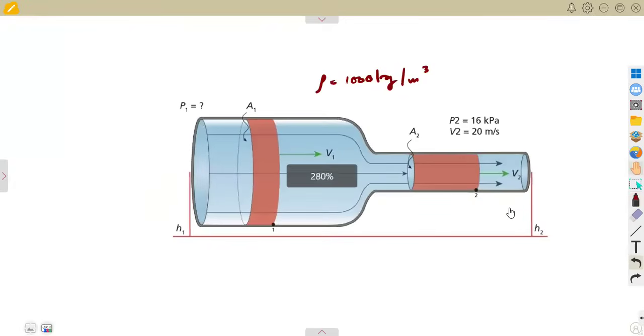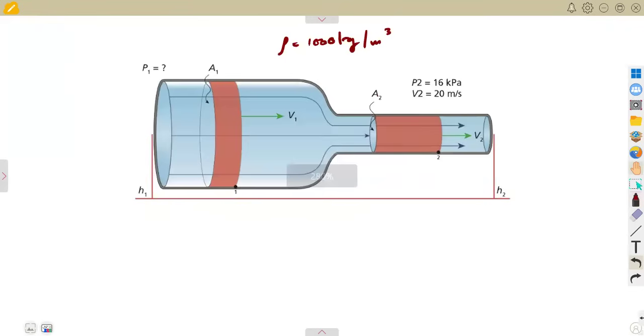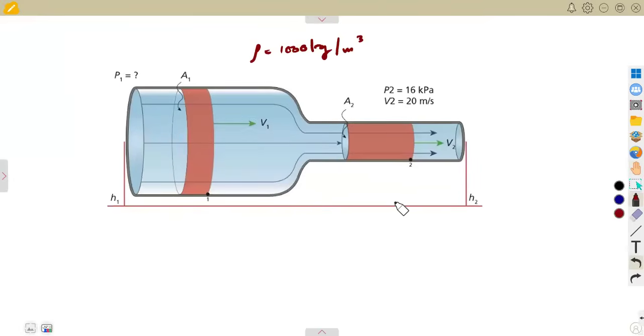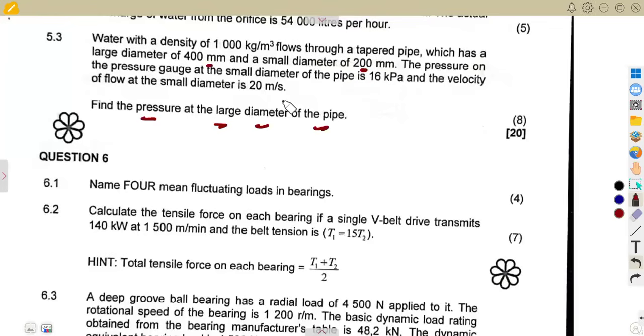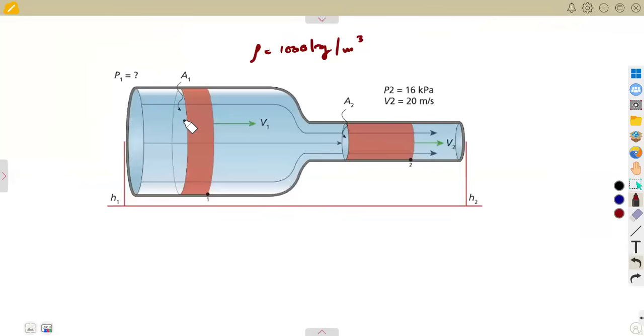Then we are given the diameter at the inlet, the larger one 400 millimeters and the smaller one 200. You just divide by 1000 to convert to meters. So at the inlet, the diameter will be 0.4 meters. At the outlet, the diameter will be 0.2 meters.